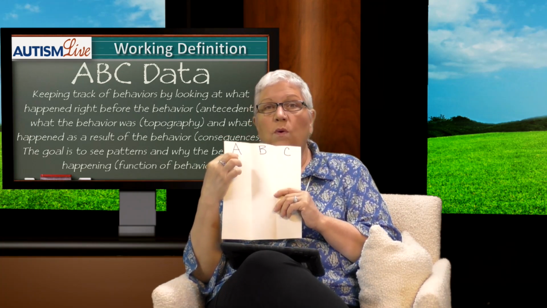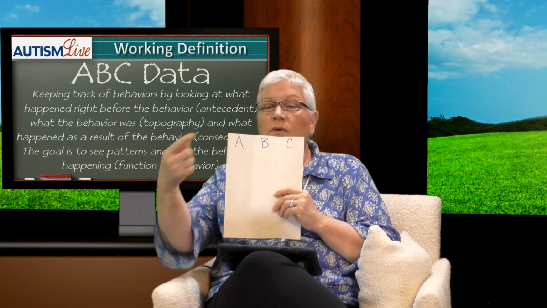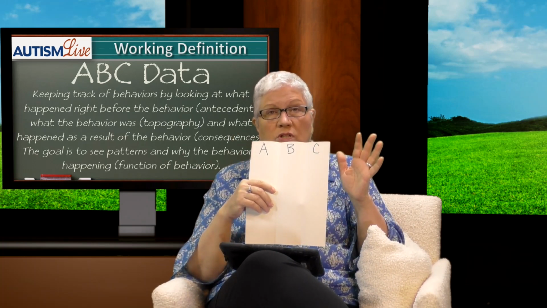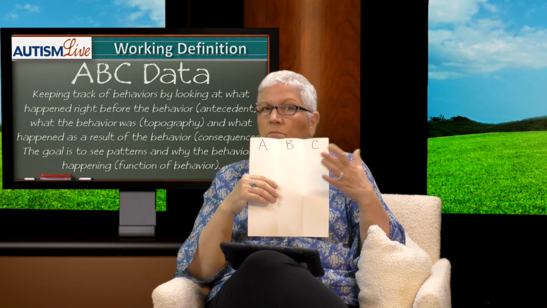So I've got my three columns here, right? A is for the antecedent, which, remember, is what happens before. Something happens, and then we get a behavior. And then after the behavior, we get a consequence. That's the three-term contingency. And I know I used to say, well, I don't think that's true of everything. Then play with it a little bit.